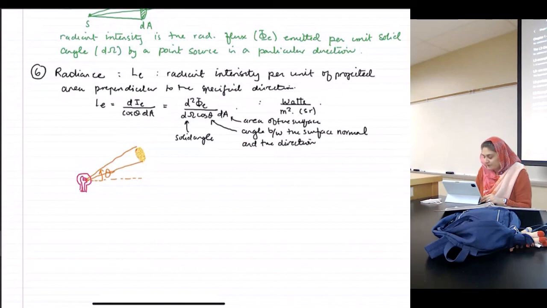This will be my R. That will be my area, what I'm talking about. And this is my d omega angle. That. And that's my theta.